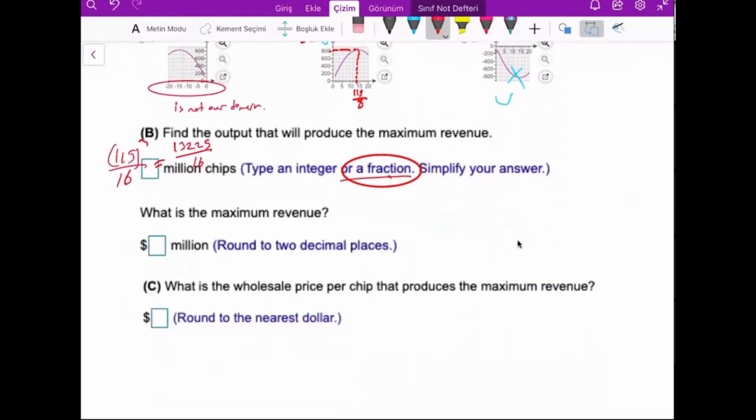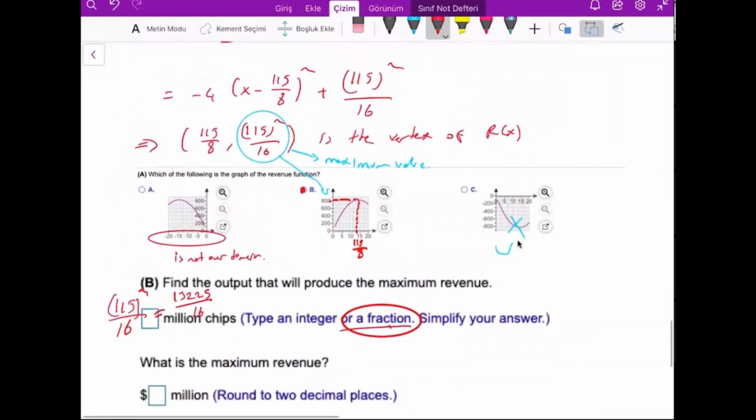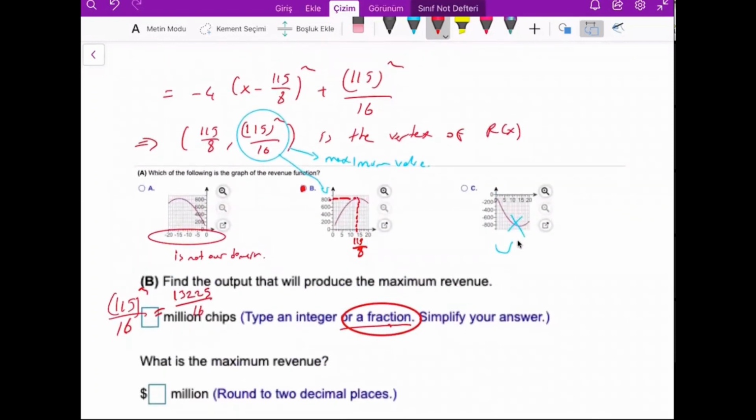So what is the maximum revenue? Actually, this is the maximum revenue. Find the output that will produce the maximum.